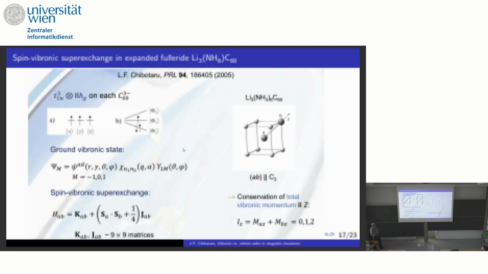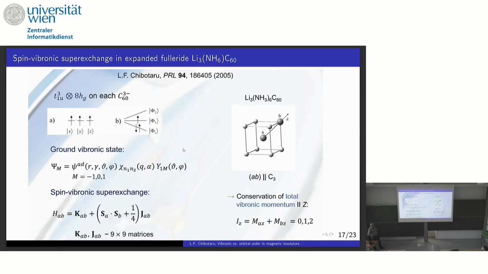What is important is that if you analyze this interaction, we see that, due to vibronic reduction, the terms K and J which are not constant, depending on the operator and theta, are very small. They are much smaller than the constant. So the main interaction is an isotropic Heisenberg interaction.